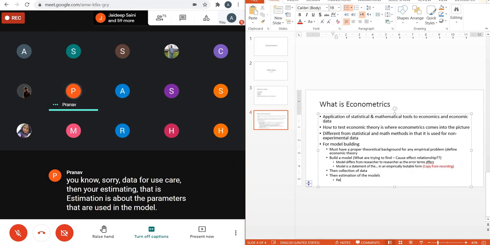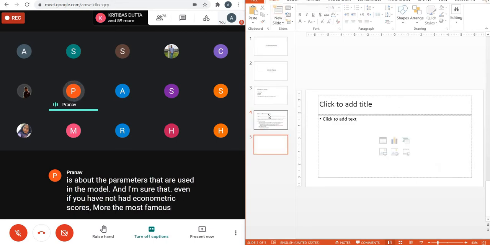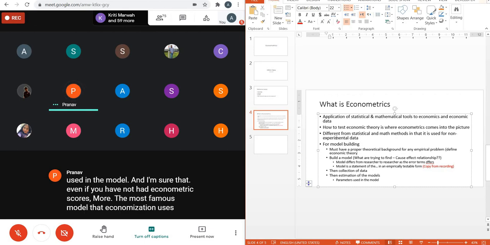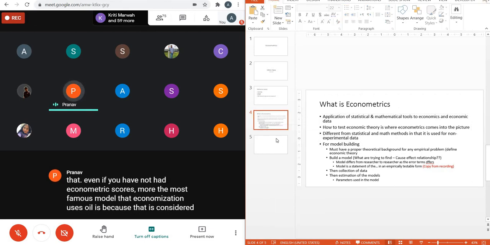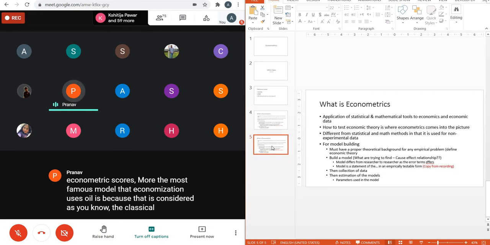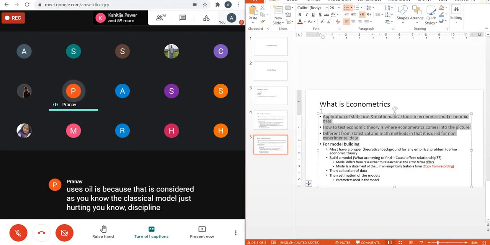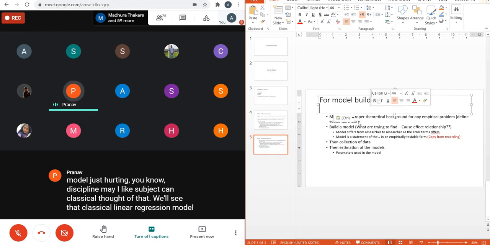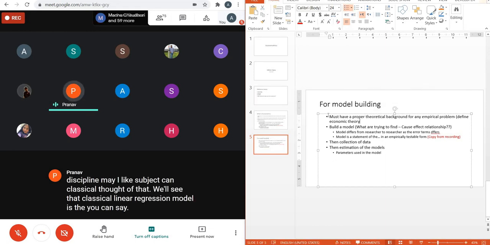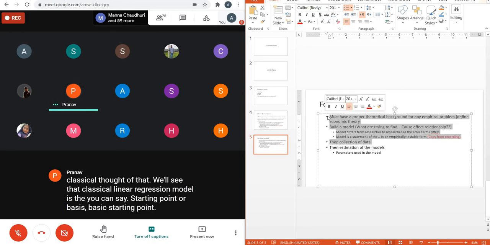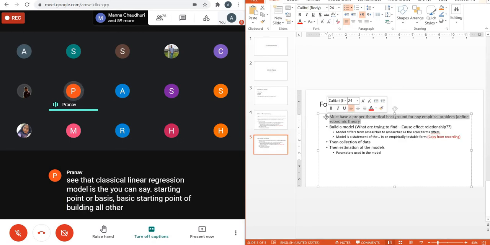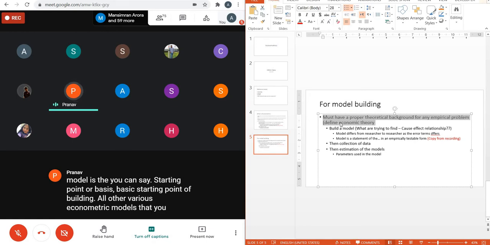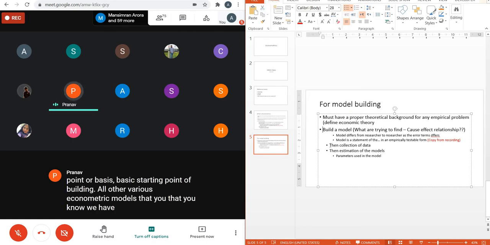And I'm sure that even if you have not had econometrics course, the most famous model that econometricians use is OLS, because that is considered as the classical model. जैसे हर एक डिसिप्लिन में हर एक सब्जेक्ट का एक क्लासिकल थॉट होता है, उसी तरह आपका क्लासिकल लीनियर रिग्रेशन मॉडल is the, you can say, basic starting point of building all other various econometric models that we have come to know so far.